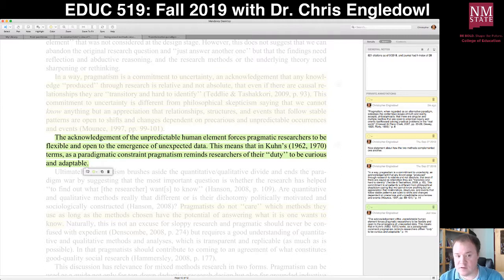So in other words, to me, it feels like they're making a claim that we should not feel stuck to the process of research as something that is rigid, that has to be set out in a specific way at the beginning and stay that way, because we are expecting unexpected data as a pragmatist.